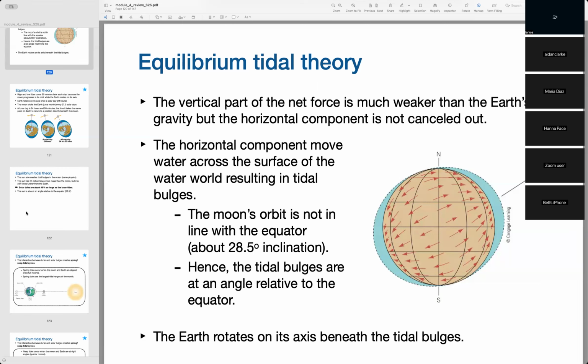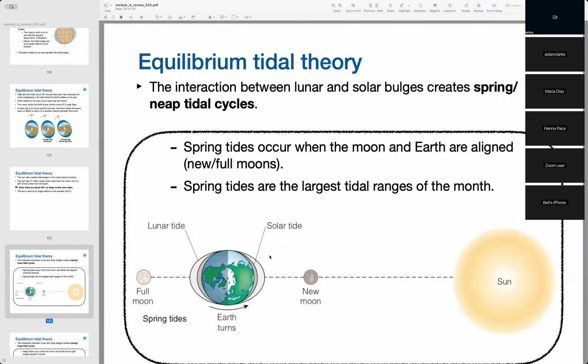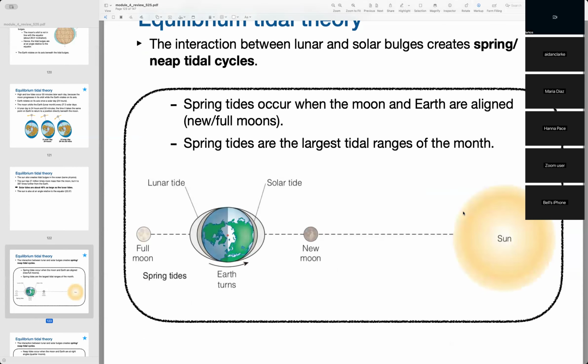Now, it's not just the moon that affects the system, but also the sun. Even though the sun is much further away, it's much heavier, such that the influence of the sun on the tides is about 40 to 50 percent, about half of the moon. So we have these equilibrium tides for both the moon and the sun.